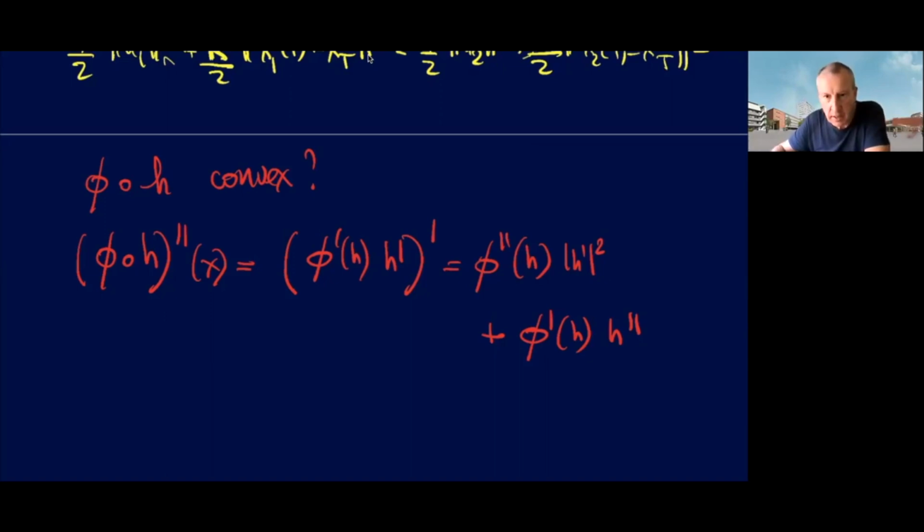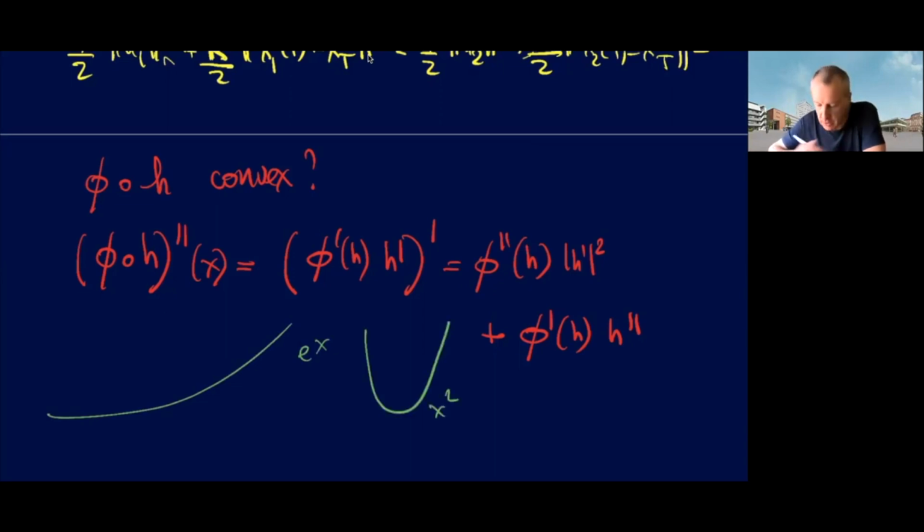Sometimes it is, like the exponential, right? This is convex, and this is monotonic increasing. But the parameter is convex, and of course it's not monotonic increasing. So you see that this is a problem, right?